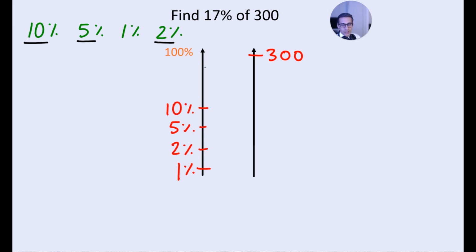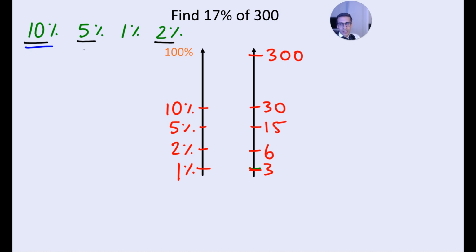This is just a rough sketch, just to help us organize our calculations. So firstly, let's work out 1%. 1% of 300 is dividing by 100, so that's going to be 3. 2% is going to be double that, which is 6. 10% of 300 is 30, and 5% is going to be half of that, which is 15.